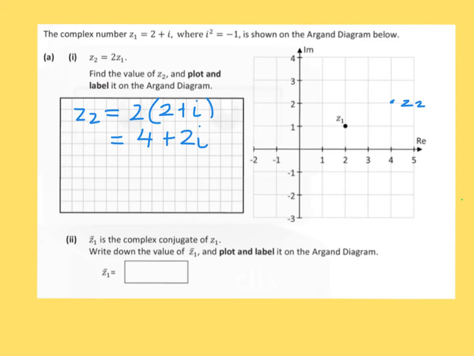So our z1 is up here, and that's 2 plus i. So our z1 bar is just simply 2 minus i. And if we're to plot that on the Argand diagram, I'm just going to plot it in red. So positive 2, minus i on the imaginary axis, it's going to be here. And that's our z1 bar.